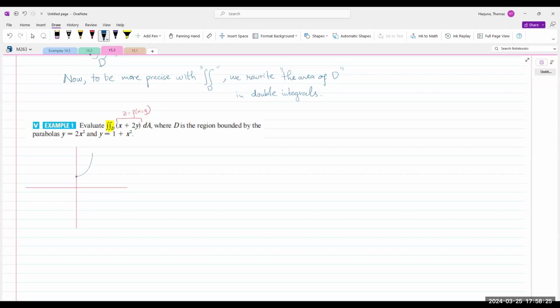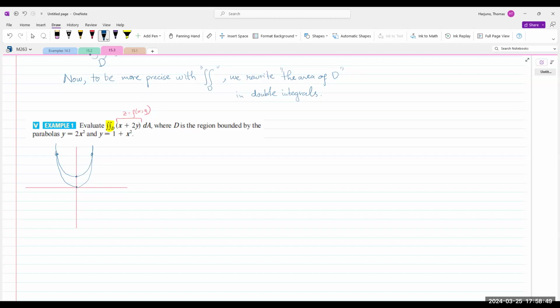It looks like this, and it is symmetric with respect to the y-axis. And then 2x squared, the vertex is (0, 0), but it's sharper. It increases faster.